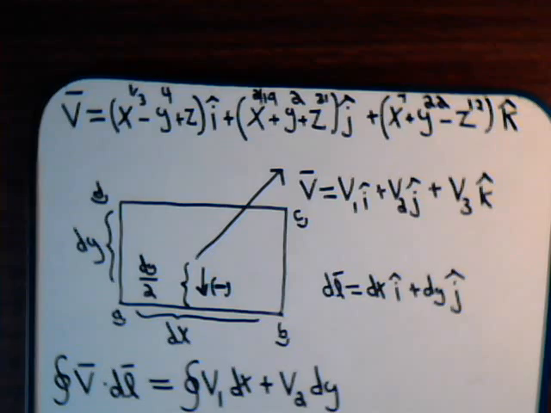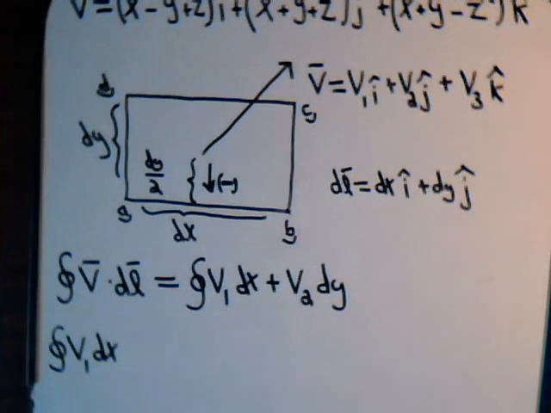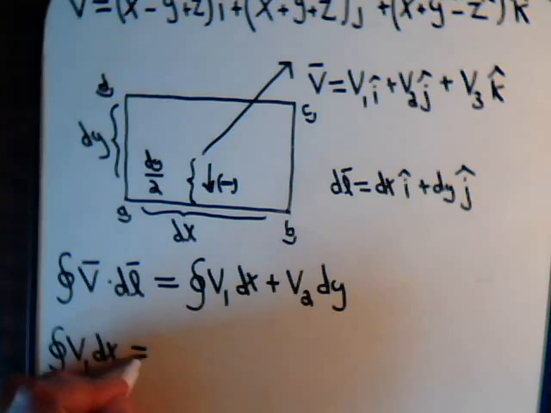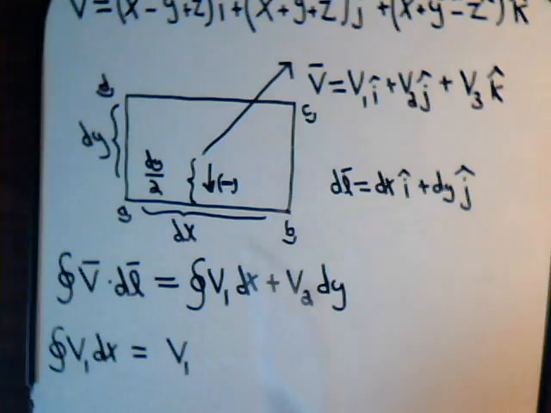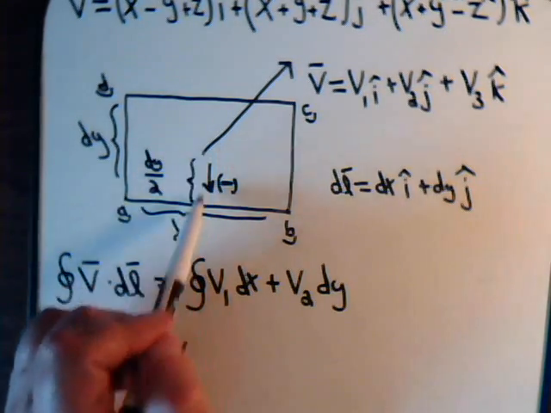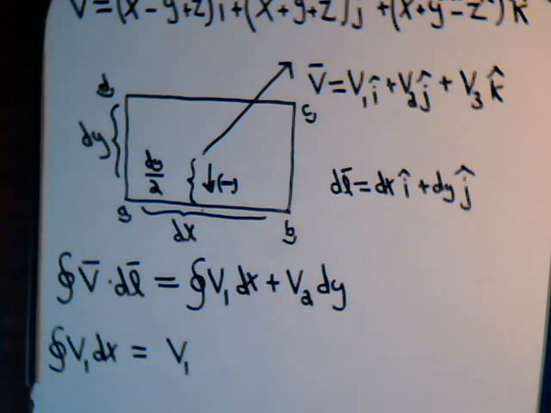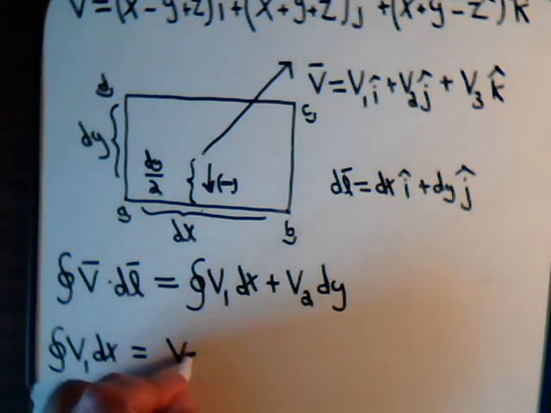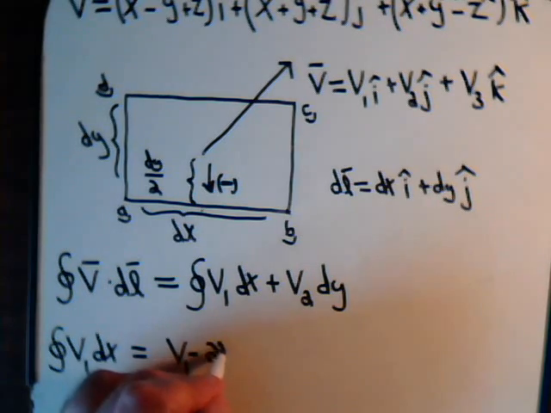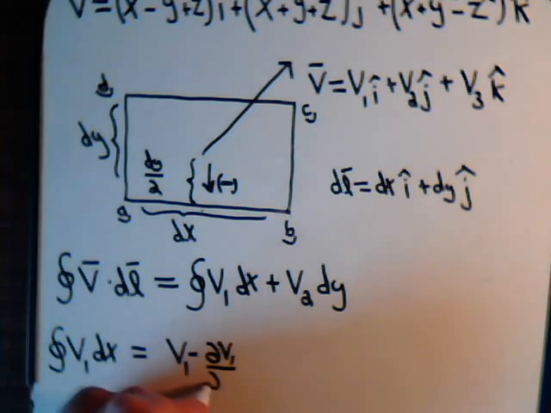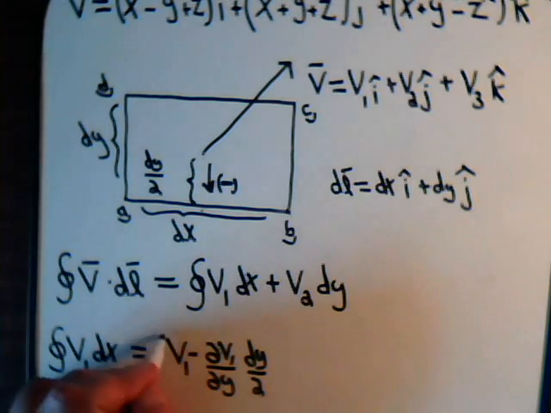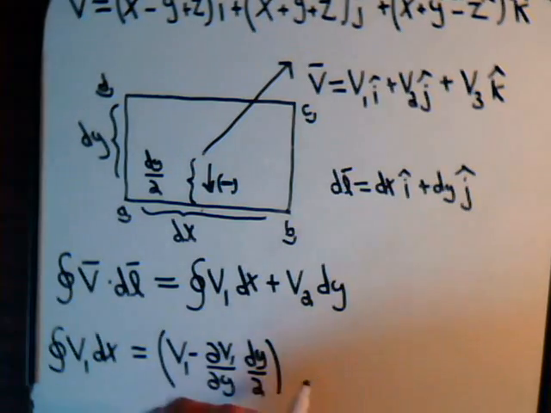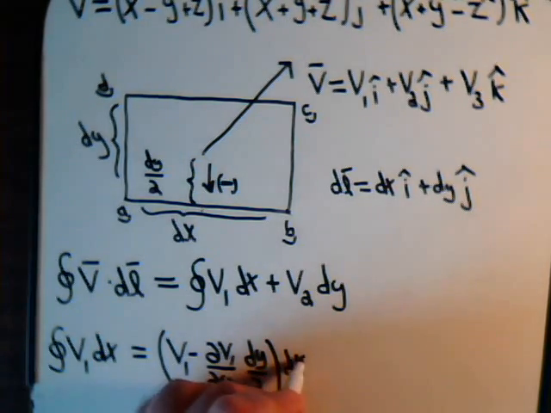So this will equal v1, what it was originally, minus the amount of change. Or we could say plus this change, but this change is negative because we're going downward. So this would be minus the partial of v1 with respect to y times dy over 2, and that's times dx.